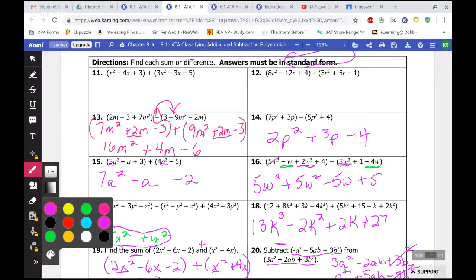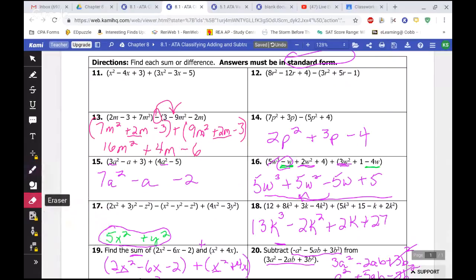So now I've handled each term, and I've done it in order, right? I handled the 5w cubed, and so all of this is in standard form. If I would have gone to this first, which would have been fine, I would have ended with a negative 5w over here, and then I would have had to rewrite it. Does that make sense? Yeah.